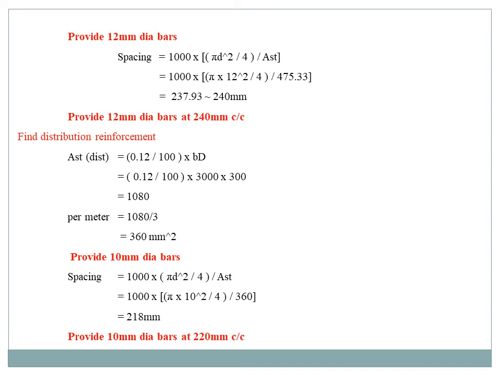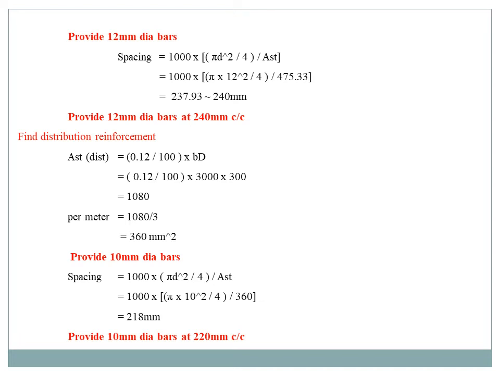Similarly, find out the minimum distribution reinforcement, or AST minimum. AST distribution is equal to, we have one constant formula, 0.12 percentage of cross section area. So 0.12 percentage means 0.12 divided by 100 into cross section, meaning B into D. B is equal to 3000 mm and D is capital D, the overall depth, which for the middle strip is 300 mm.